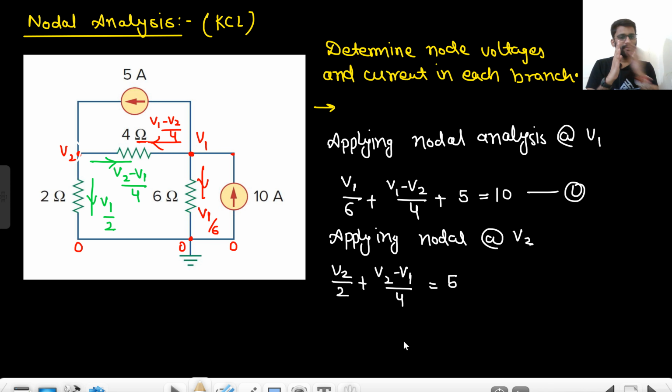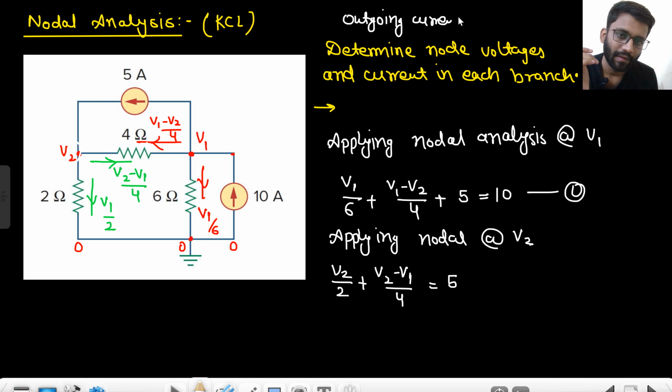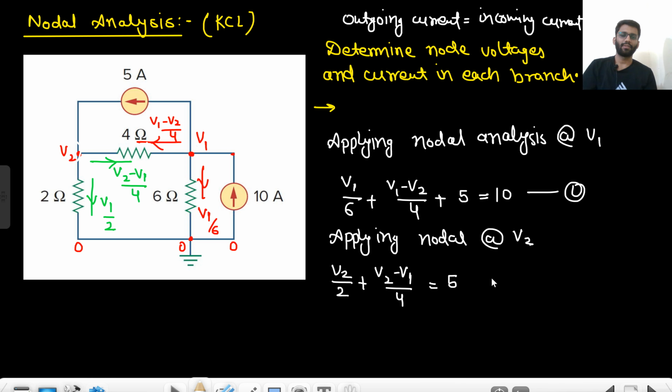So the incoming current will be equal to outgoing current. At the left hand side we are writing outgoing current equals to incoming current. Well and good. So this is the second equation.